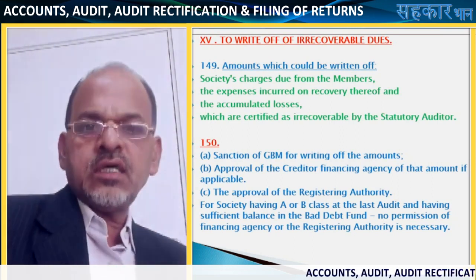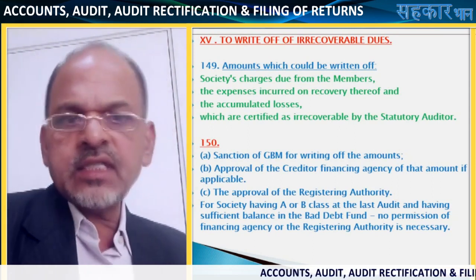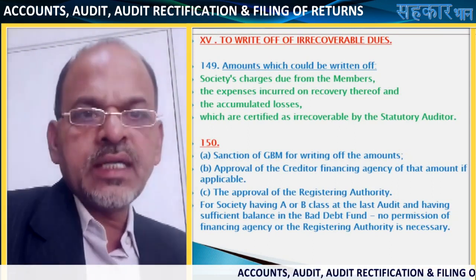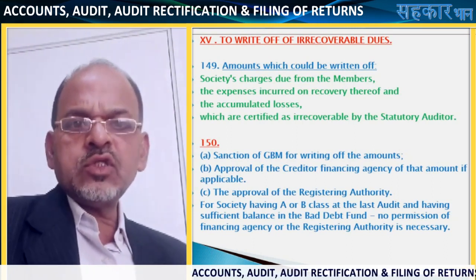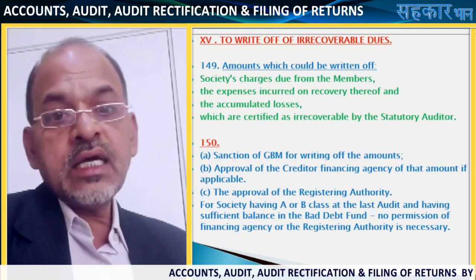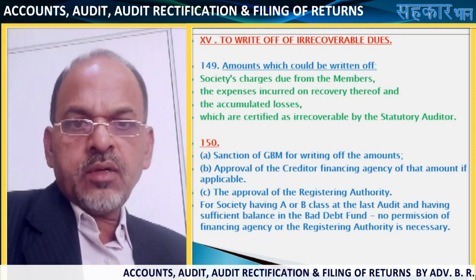Then the accumulated losses: if there are losses in the accounts of the society and they are accumulated, then it is advisable they are written off. And see, these are the three amounts which the societies can write off.